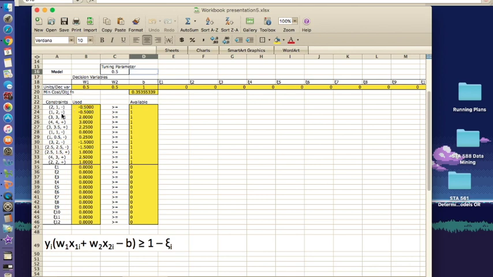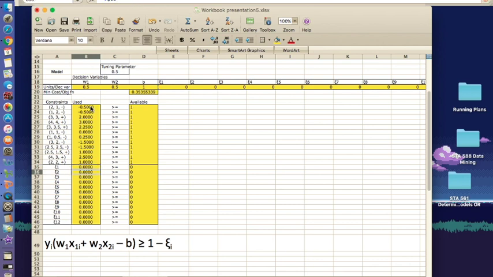So that's for these first 12 constraints, one for each data point. The last 12 are much easier. These are just that c, so in this case c1 is greater than or equal to 0. Those were straightforward.